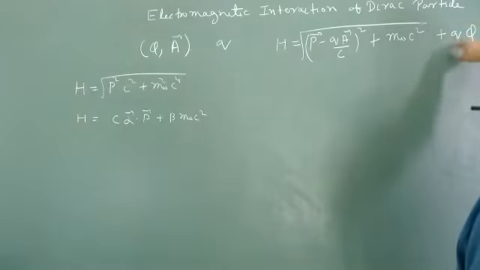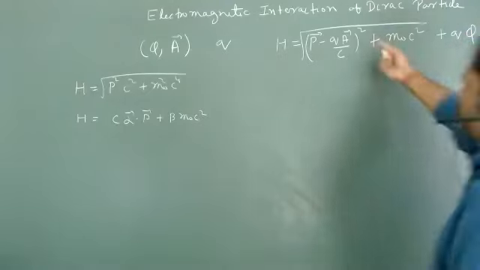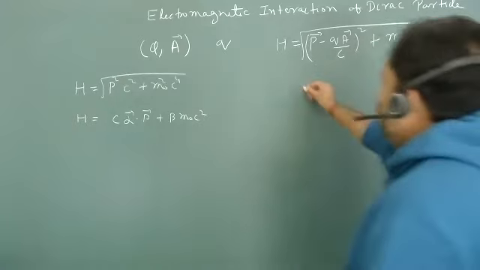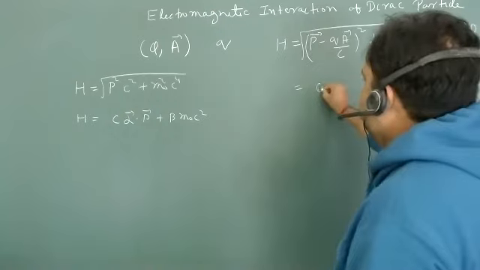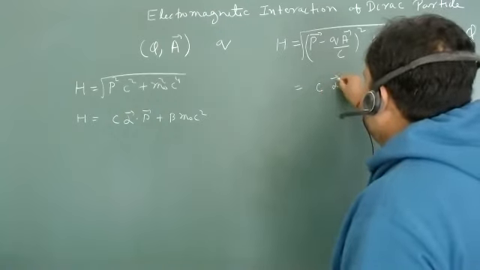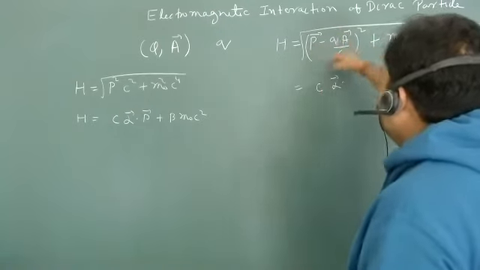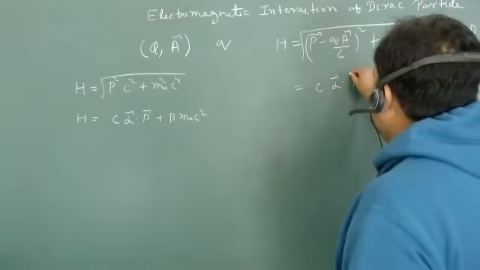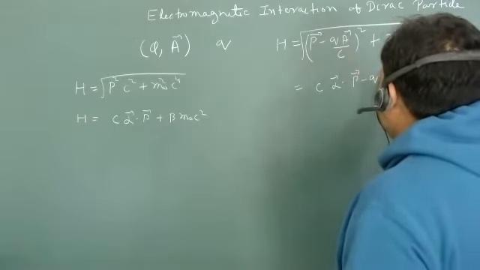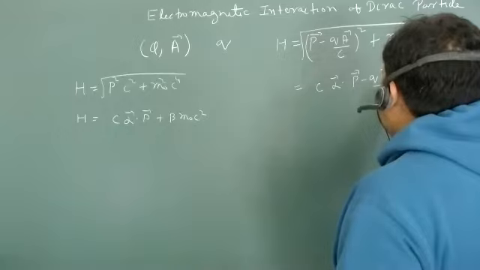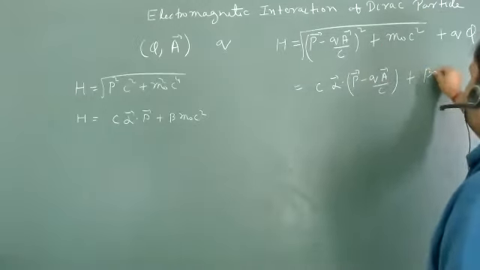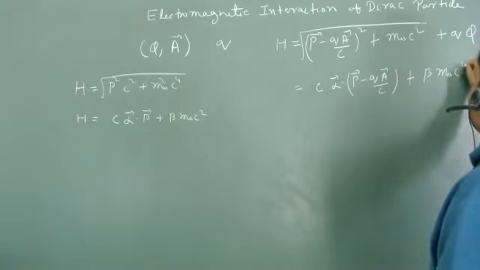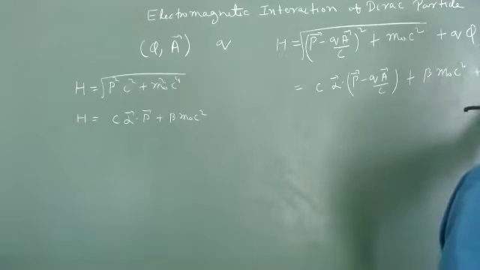So this will be C alpha dot (P minus QA upon C) plus beta M naught C square plus Q phi.